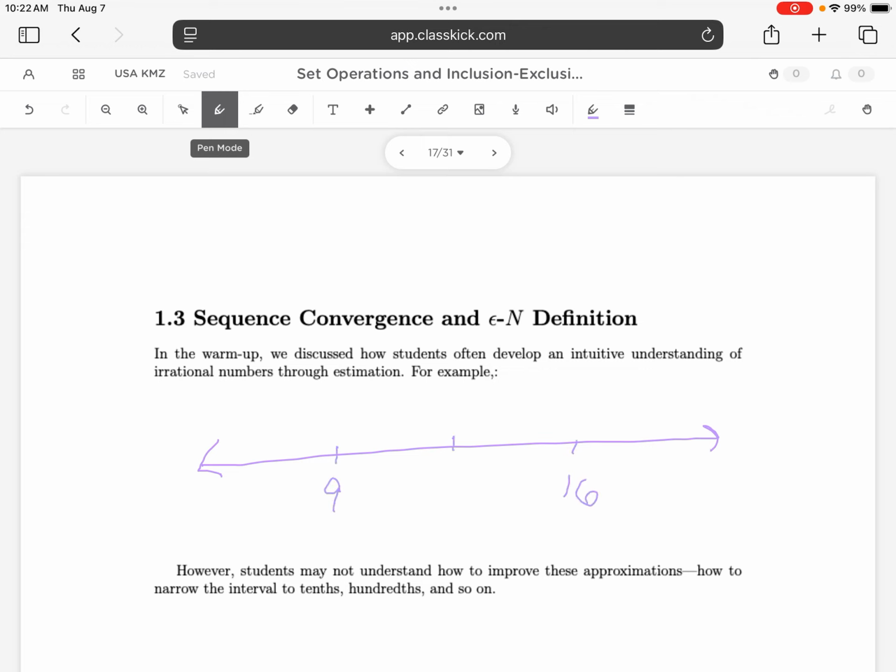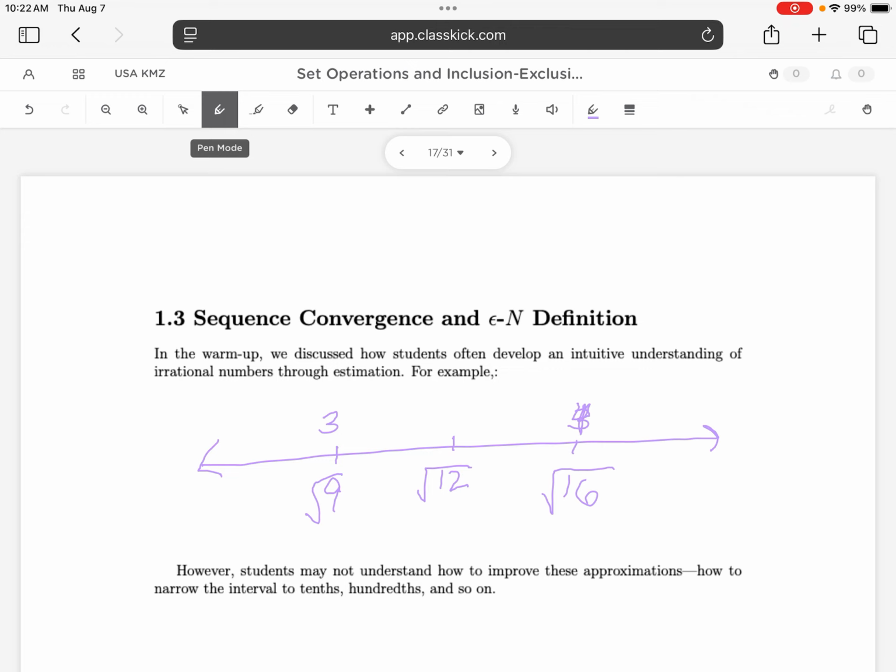Here's 12 in the middle. And so it would make sense that the square root of 12 should be in between the square root of 9 and the square root of 16, which means the square root of 12 is somewhere in between 3 and 4.